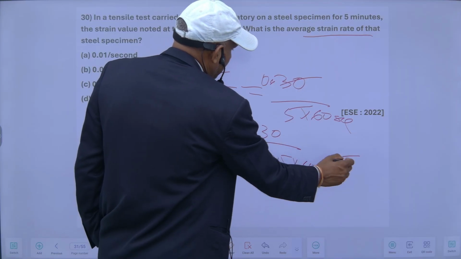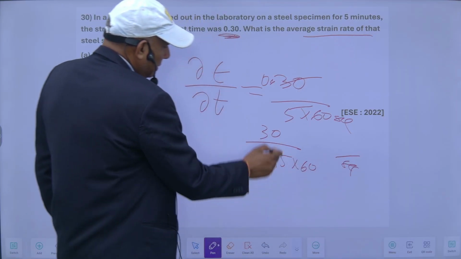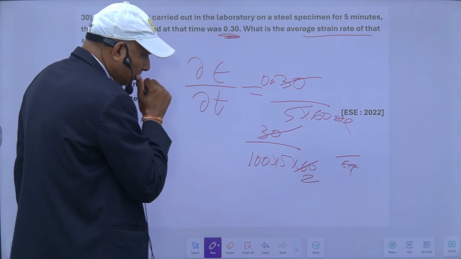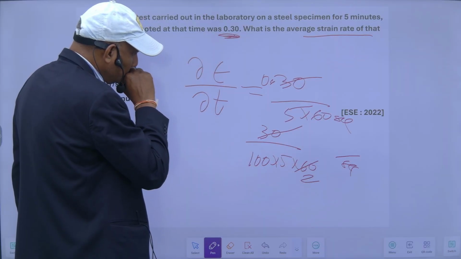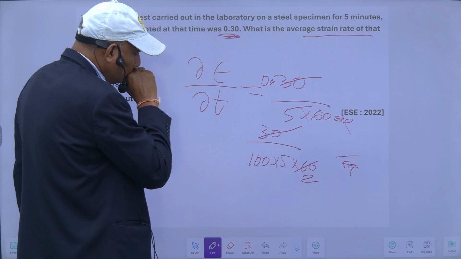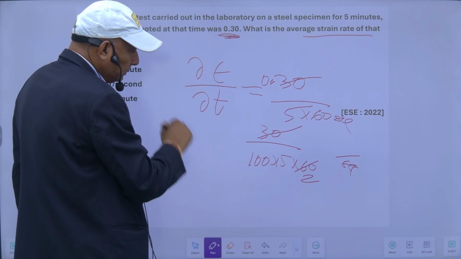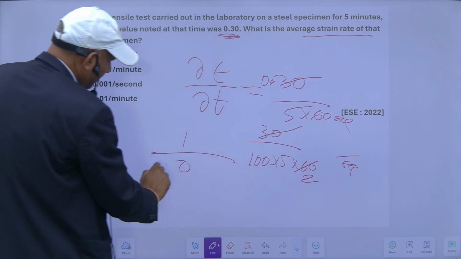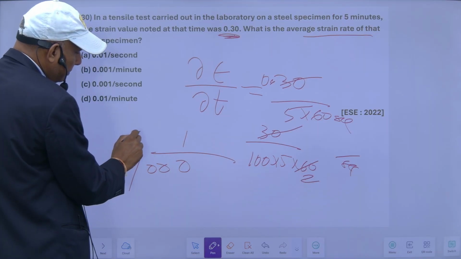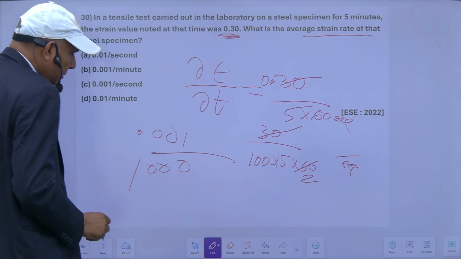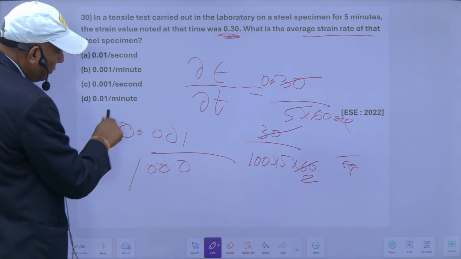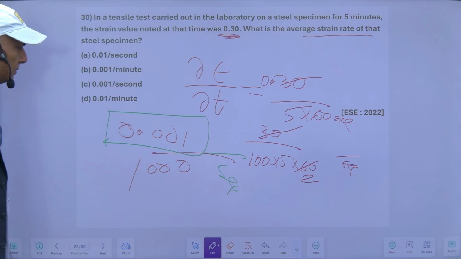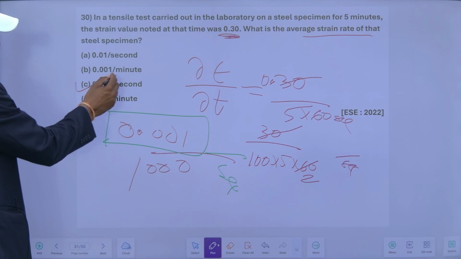This will be per second. My correct answer is this much per second, 0.001 per second. So this is the correct answer.